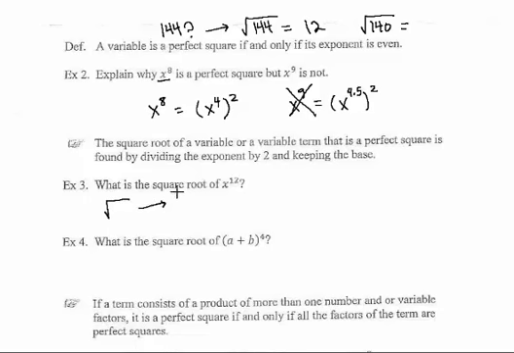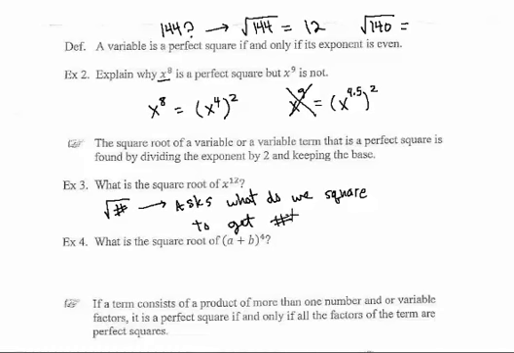And it simply asks the question, what do we square, raised to the power of 2, to get whatever is listed underneath the radical?